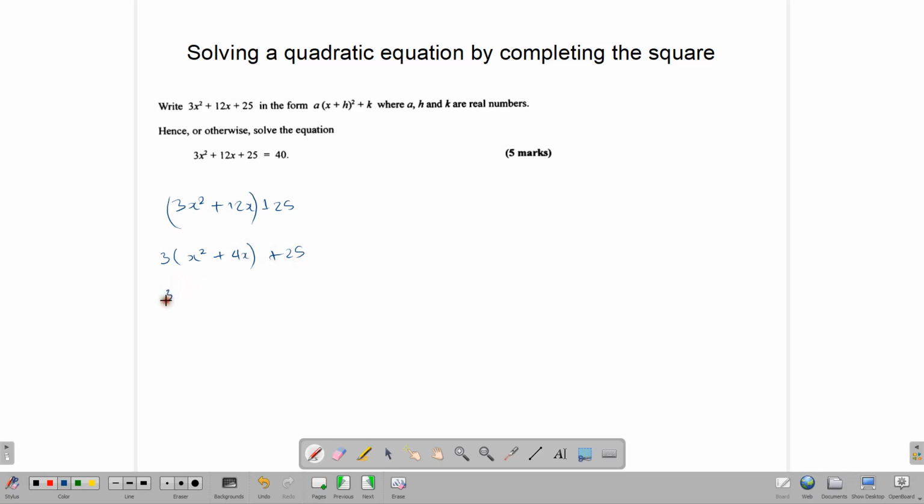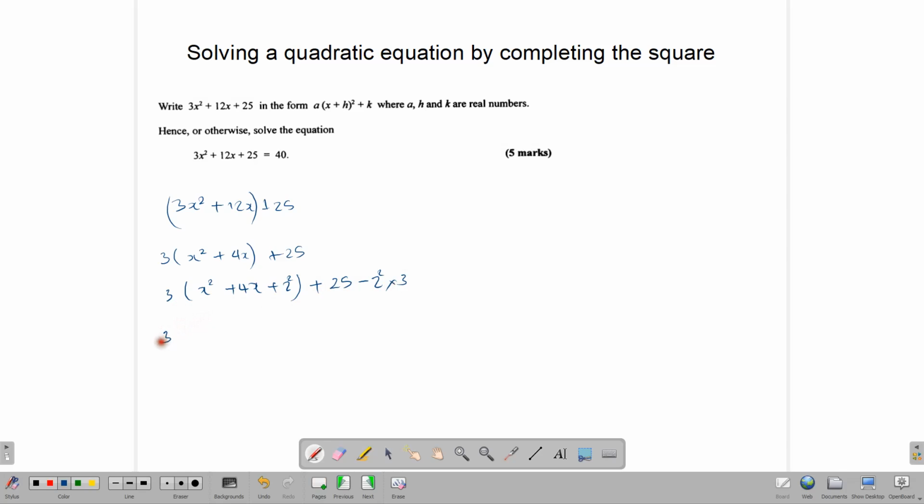Then, we find half of this term, which is 2. Half of the 4 is 2. We square it and add it to the bracket, and we subtract it from the 25 times the 3.